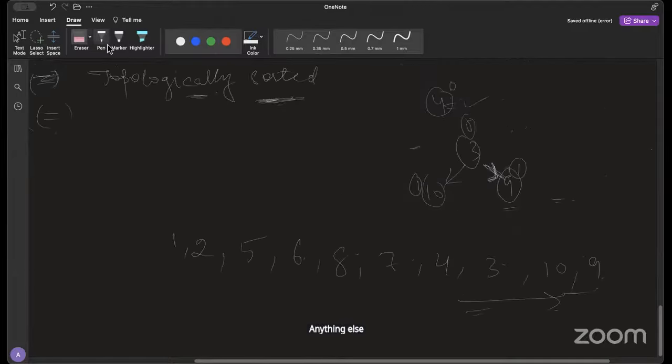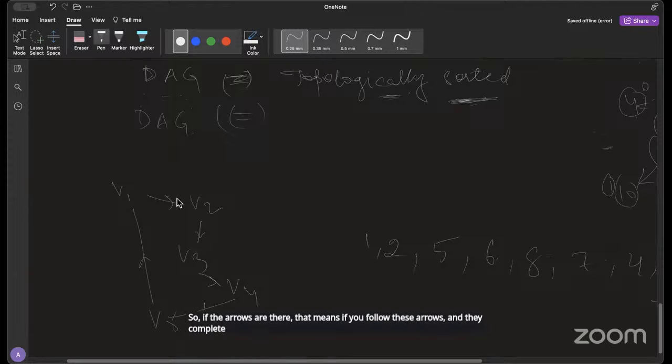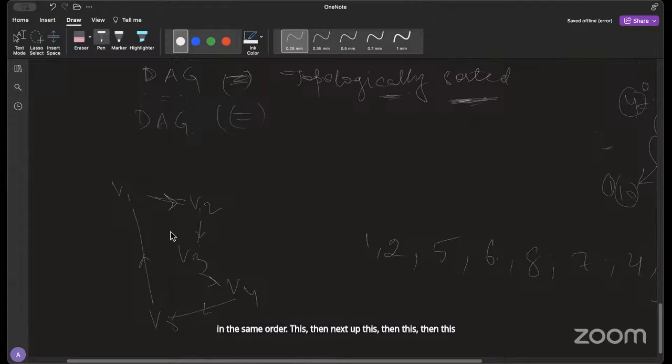What is the difference between acyclic and cyclic graph? Let's say you have V2, V3, V4, V5. If the arrows are there, and if you follow these arrows they complete in the same order, this, then this, then this, then this, so it's closed.